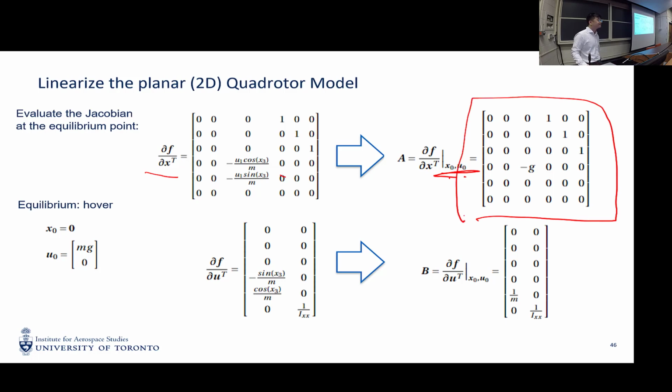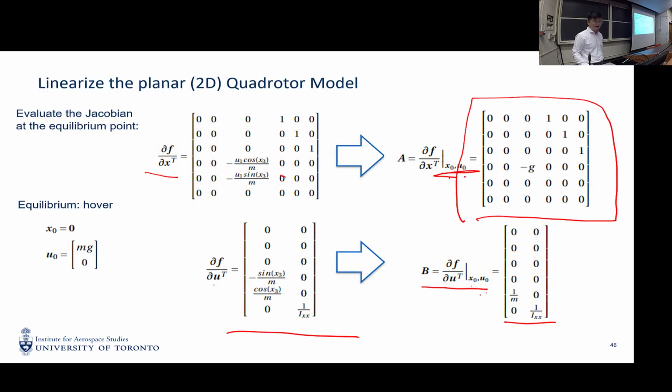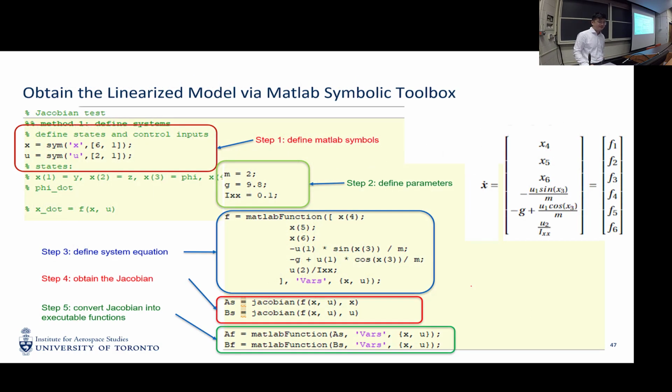Okay. Any questions? And the same for partial f, partial u. So we get the B matrix by plugging in the equilibrium. So that's pretty much the steps of how to linearize the control.